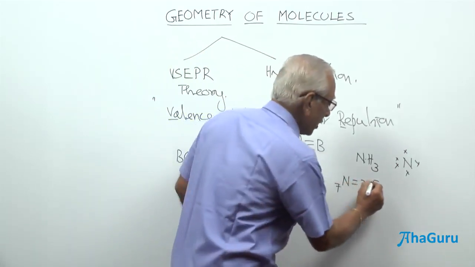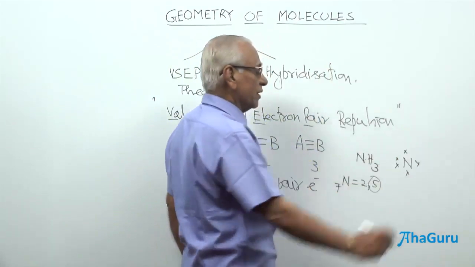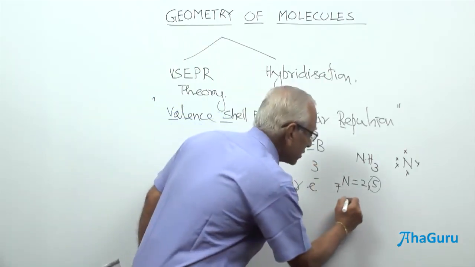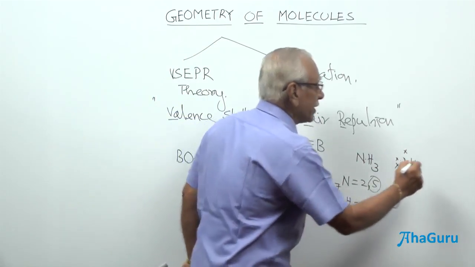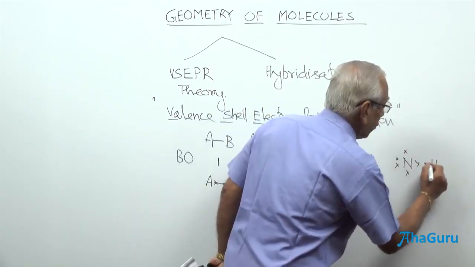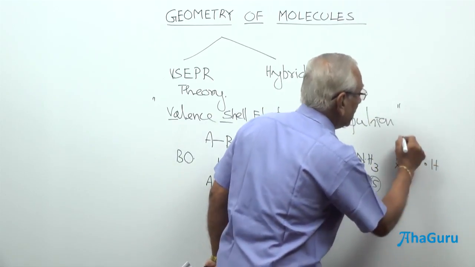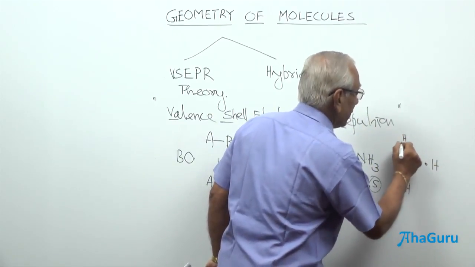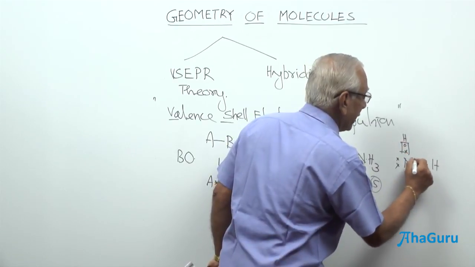Hydrogen has got 1 electron. Therefore, each hydrogen atom's 1 electron can share with an electron of nitrogen.